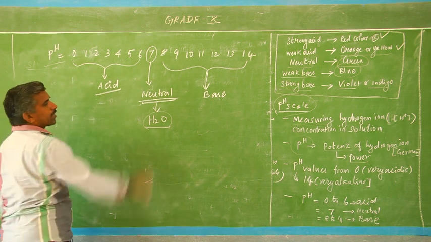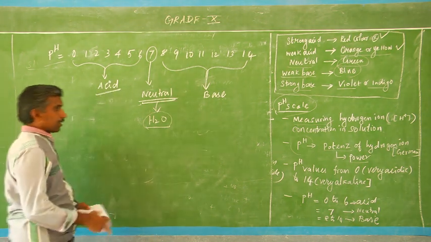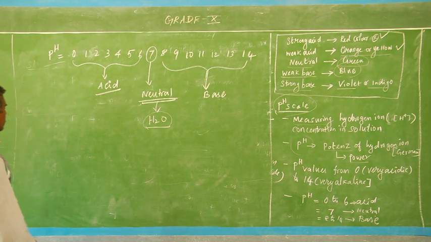pH value 0 to 6 is acid, 7 is neutral, and 8 to 14 is a base.